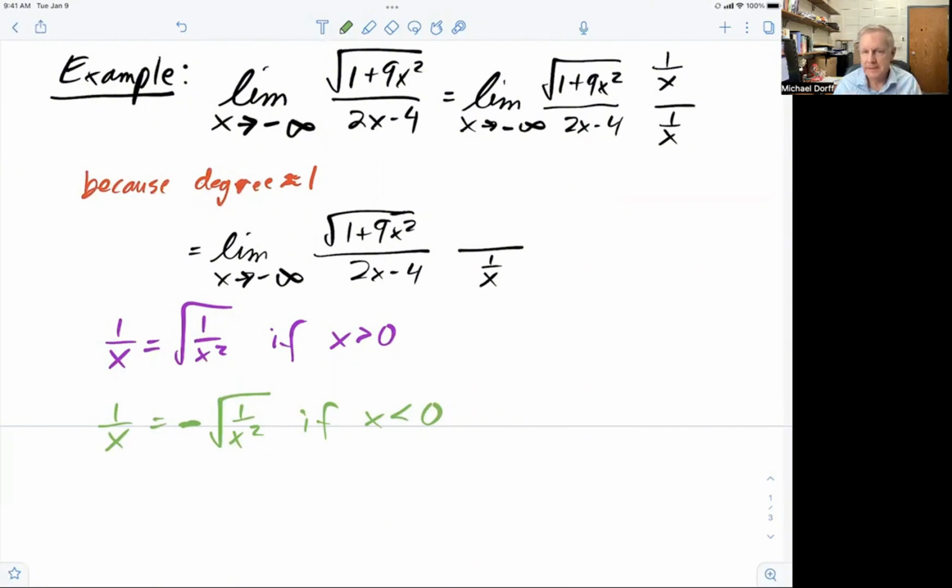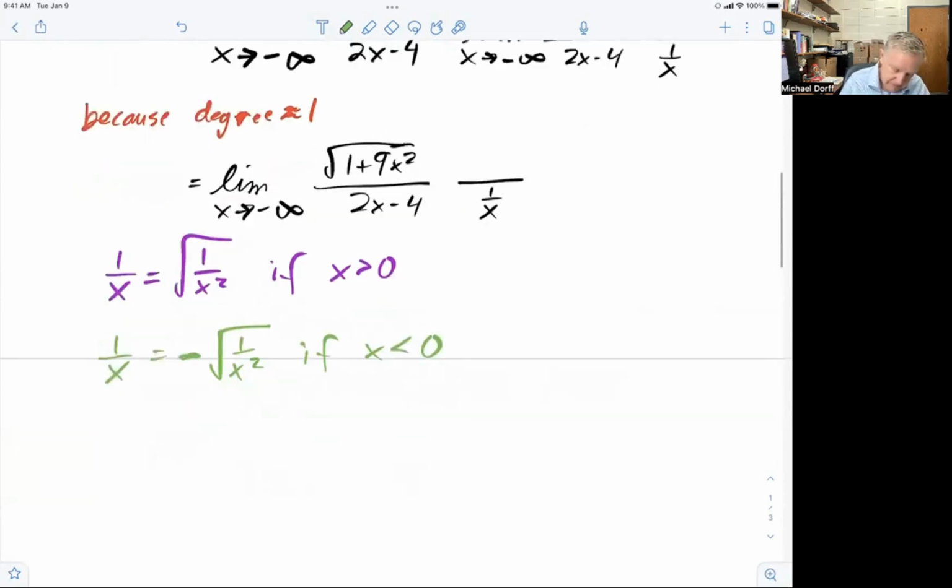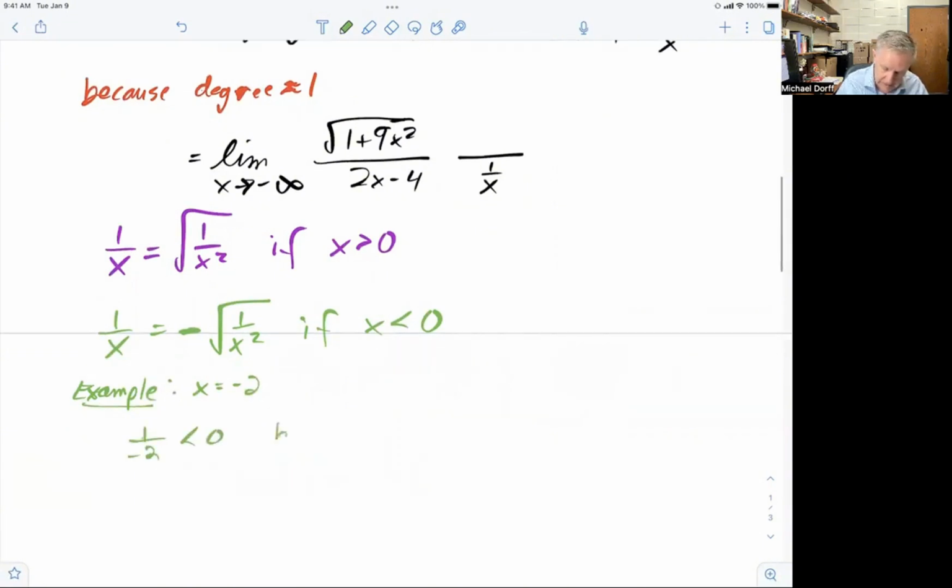So let's take a number where x is less than 0. Let's take negative 2. What is 1 over negative 2? It's a negative number. Now, if I do the square root of 1 over x squared, so put in negative 2, so for example, let's just say x equals negative 2. Then 1 over negative 2 is a negative number. But if I look at 1 over negative 2 squared, and I take the square root of that, that's 1 over 4 under the square root, which is 1/2.